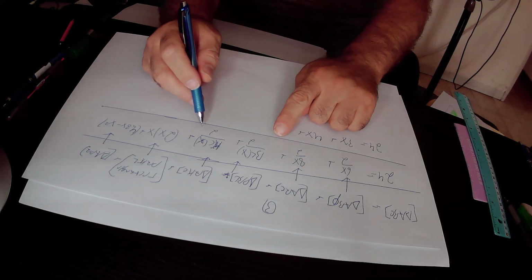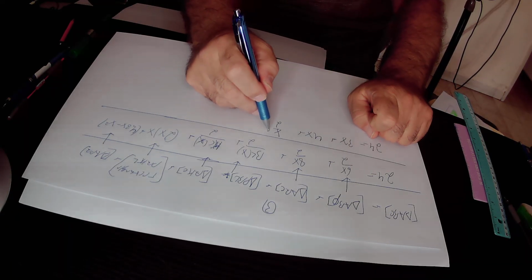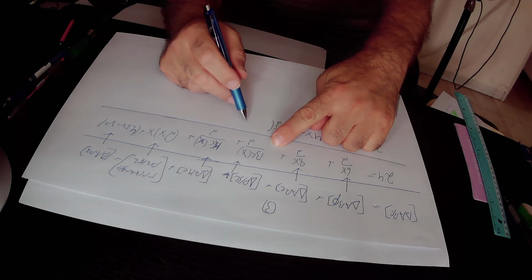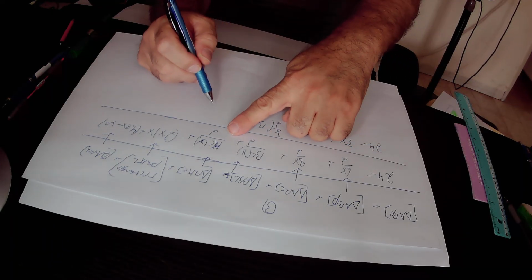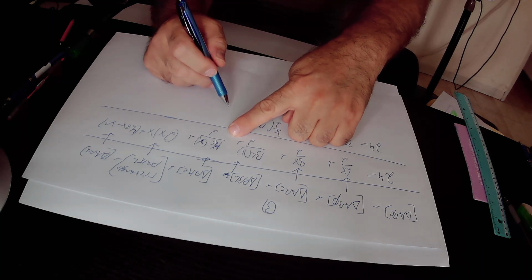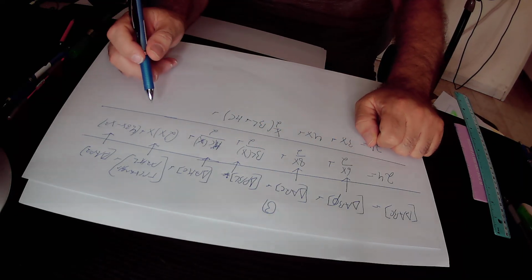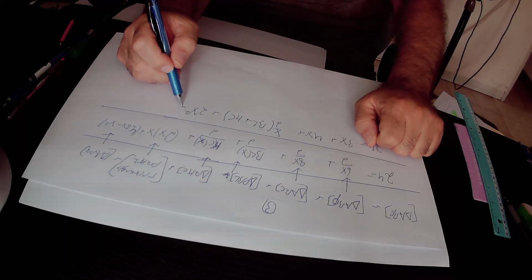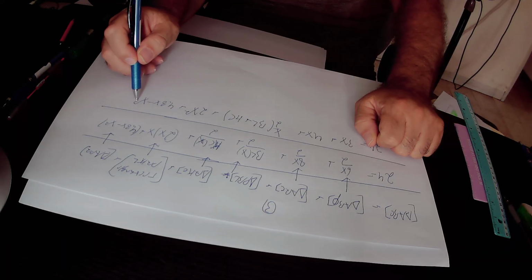So here we take x over 2 as a common factor from those two expressions. What is left is BL plus KC, plus 2x times x is 2x squared, and here 4.8x minus x squared.